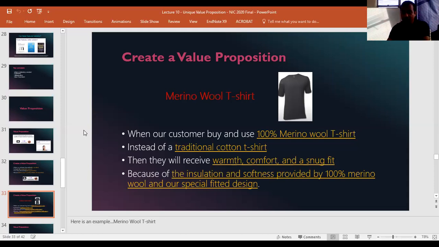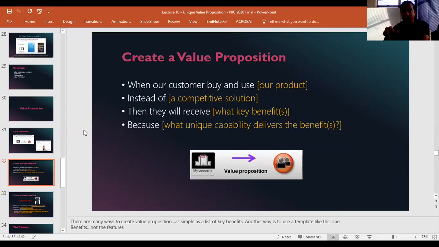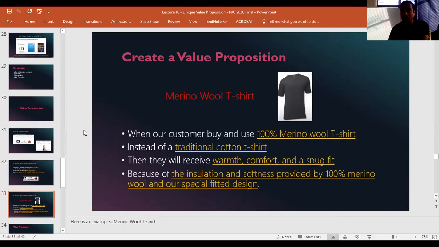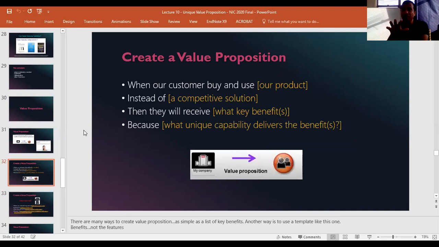You see, the company is using this template to make their own statement.